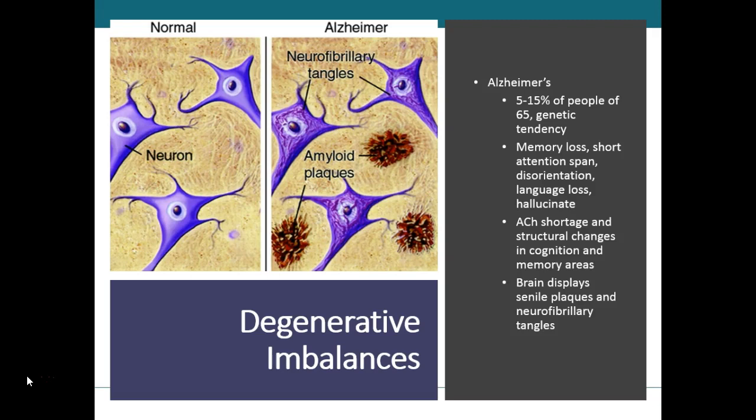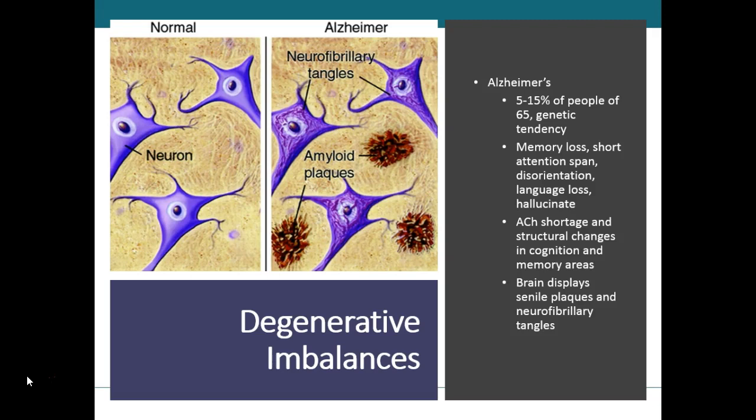There are some things associated with Alzheimer's disease, such as a shortage in the neurons that liberate acetylcholine, especially in the cerebral cortex and the limbic system. And those, of course, we know are involved in cognition or recognition of things, being able to think, and forming and retaining memories.